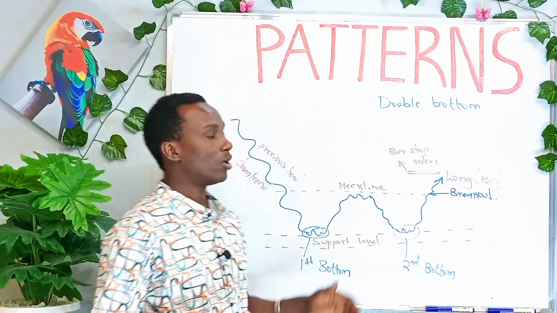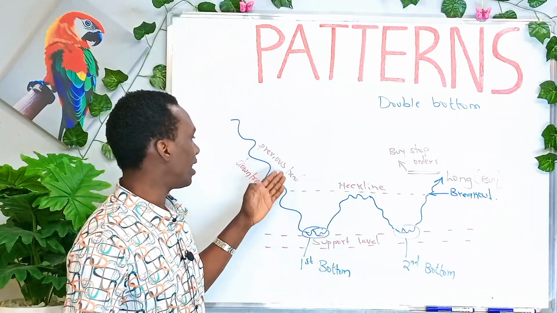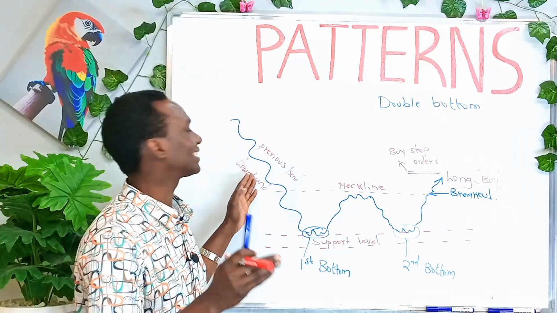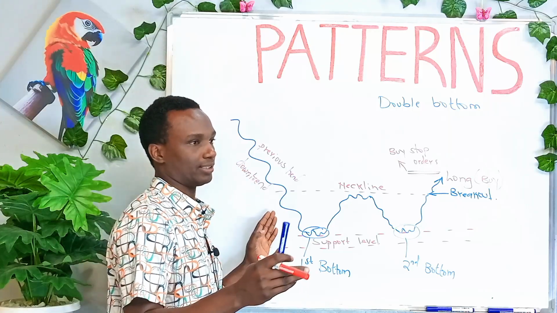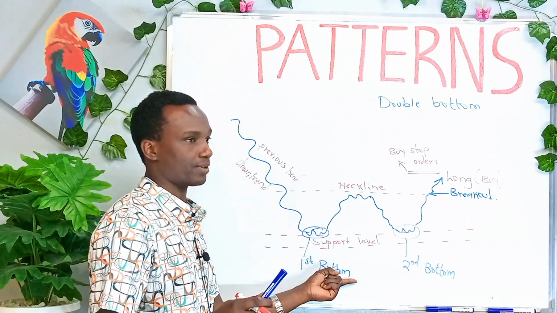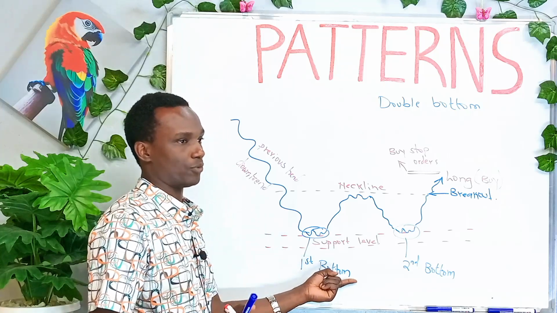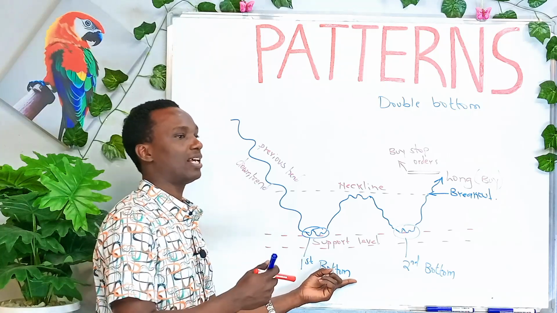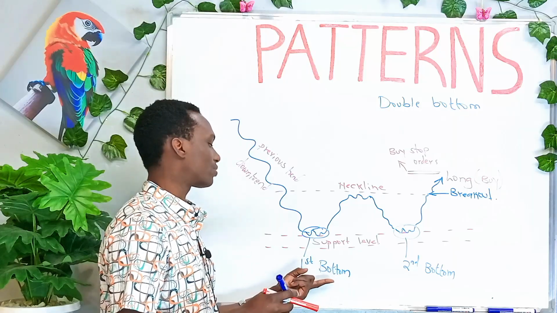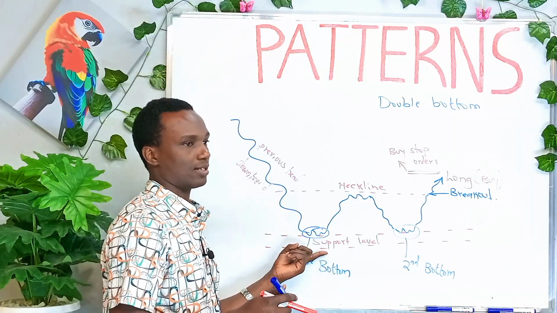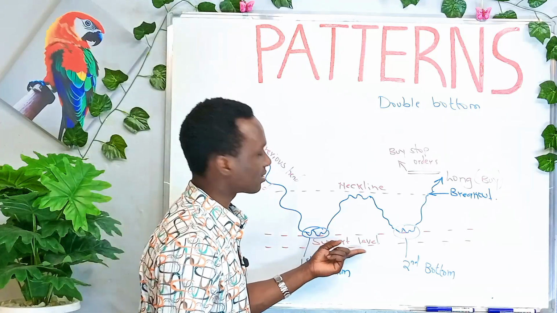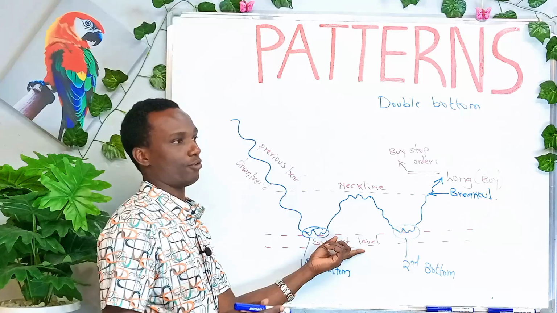Okay, so as we have rightly said, these formations occur after extended downtrends when two valleys or two bottoms are formed. You can see from this illustration that in the previous downtrend, the price forms these two bottoms, valleys, because it was not able to break through this support level.